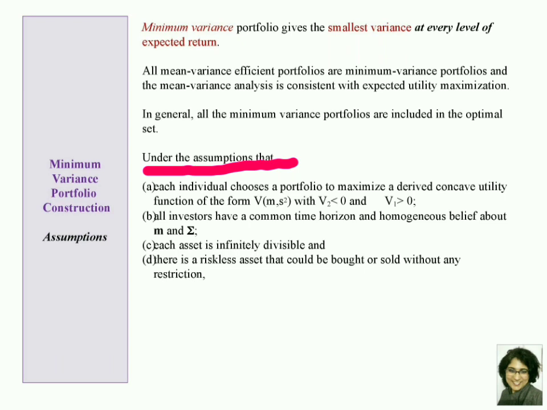Thirdly, each asset is infinitely divisible. And fourthly, there is a riskless asset that could be bought or sold without any restriction. So this riskless asset may be a government bond, it may be a treasury bill or anything of the kind.